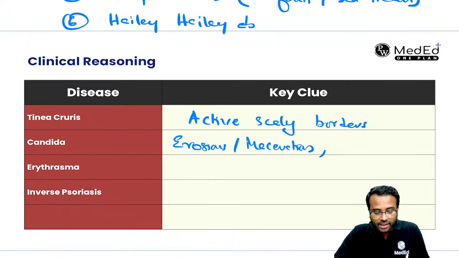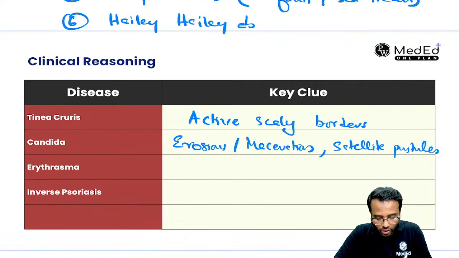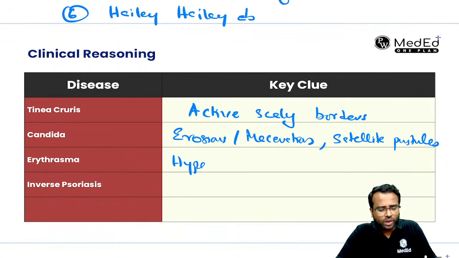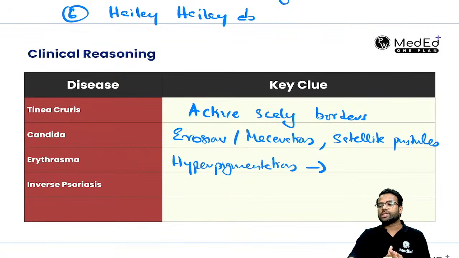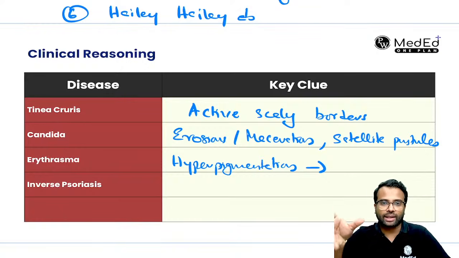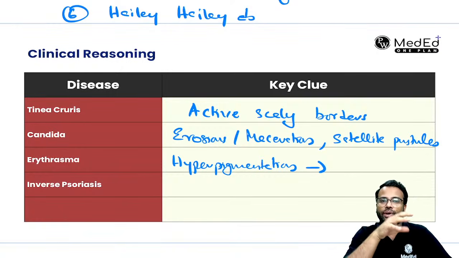And sometimes you can see some satellite pustules also in candidal intertrigo. If this is erythrasma, there will only be hyperpigmentation. And if you want to rule out erythrasma, is there any investigation that you would like to do? If you are doubting that this is erythrasma, which is a bacterial infection, or it can be a fungal infection.